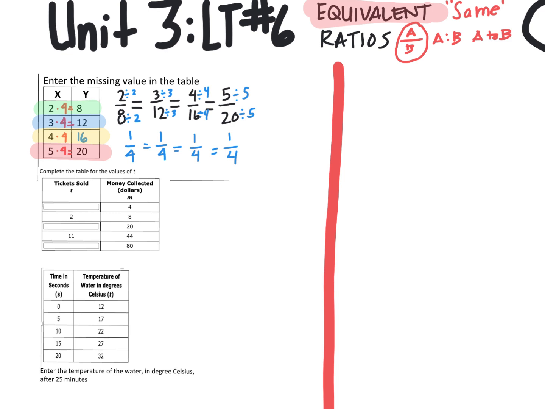And you'll get this anytime you're working with tables where you see a pattern. For instance, for this table, we multiply times 4. We multiply this times 4 because 11 times 4 gives you 44, and 2 times 4 gives you 8. So I know I have to multiply this 1 times 4, which will give me 4, and 5 times 4, which will give me 20.